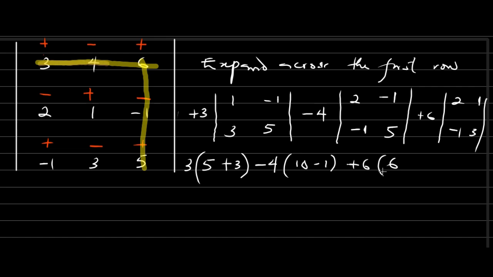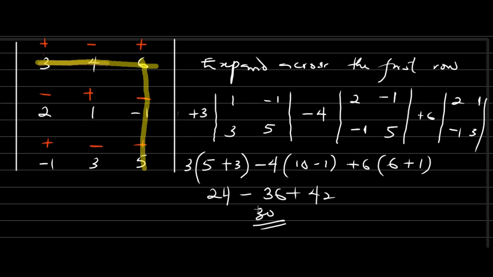Minus 1 times 1, that is minus 1. Minus times minus is plus, so we have plus 1 here. So this is 3 times 8, that is 24. Minus 9 times minus 4, that is minus 36. Plus 7 times 6, that is 42. So 24 minus 36 plus 42 will give us 30. All right, so expanding across the first row will give us 30.